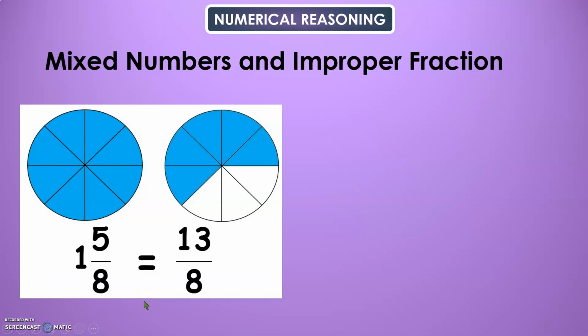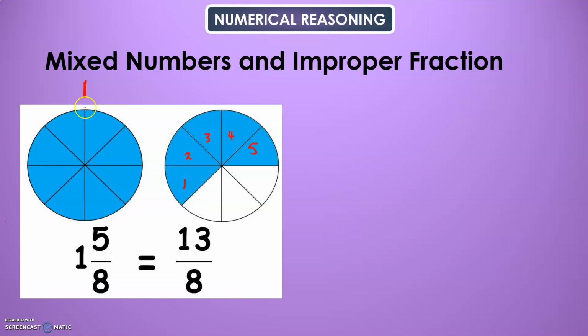So we've got 1 5/8 and we've got 13/8. The key thing is that we can work out, we've got one whole object there, and it's divided up into 8 parts, and then this second object is 8 parts, but only 1, 2, 3, 4, 5 of them are shaded.